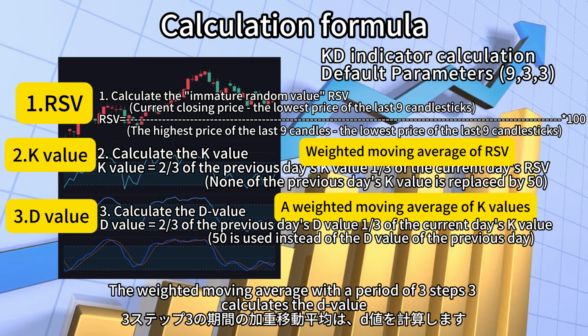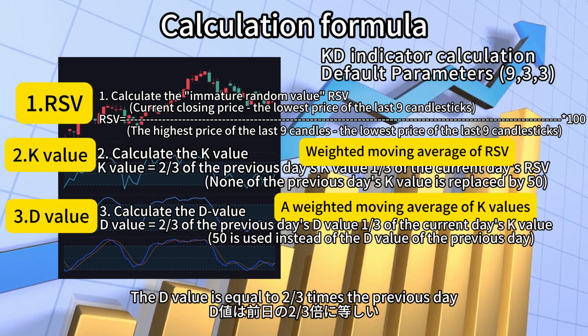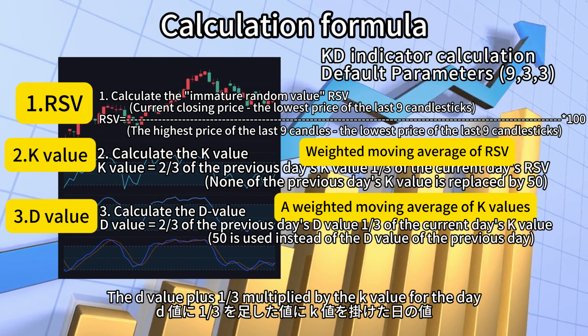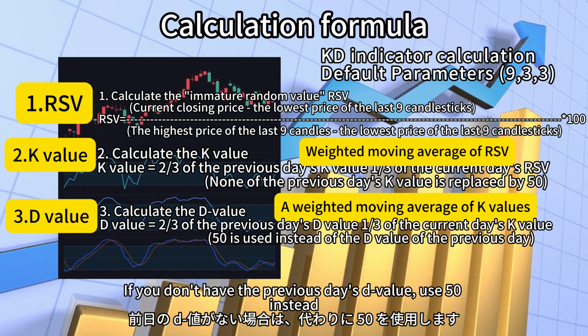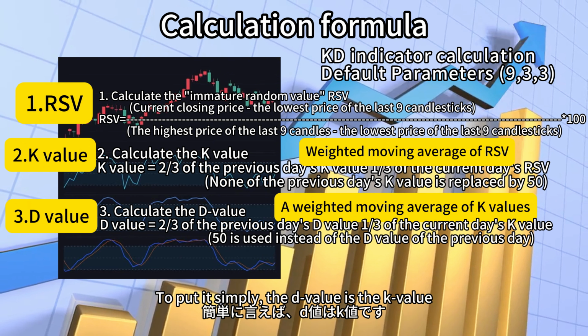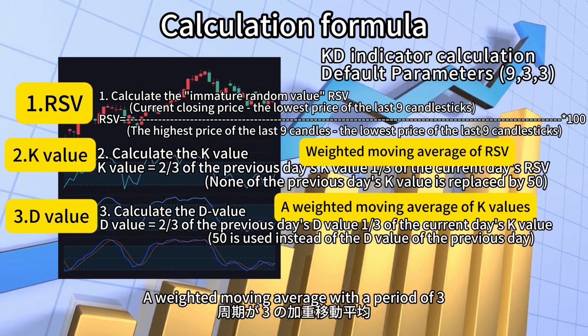Step 3 calculates the D value. The D value is equal to 2/3 times the previous day's D value plus 1/3 multiplied by the K value for the day. If you don't have the previous day's D value, use 50 instead. To put it simply, the D value is a weighted moving average of the K value with a period of 3.